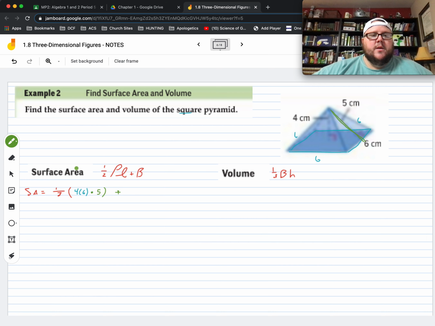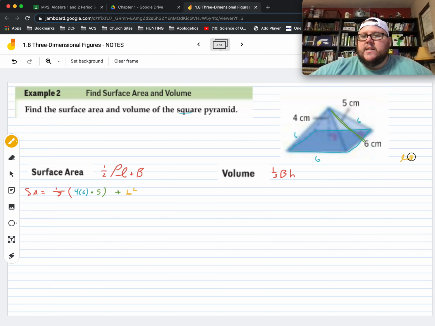Plus my area of my base, which again, the base is here, but we know that the area of a square is the length squared, right? So my area is going to be 6 squared, right? Because the area of a square is length times width, but they're both the same.